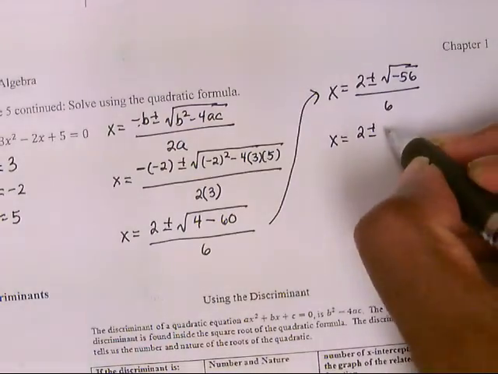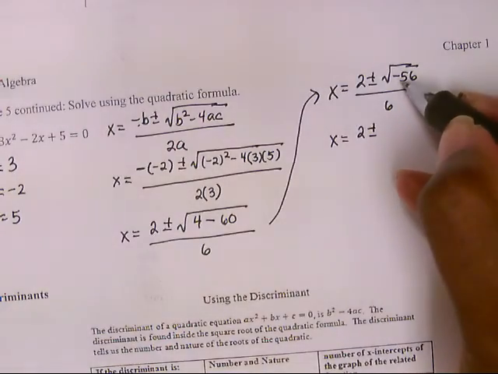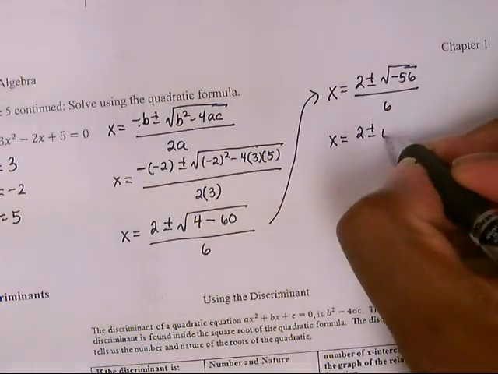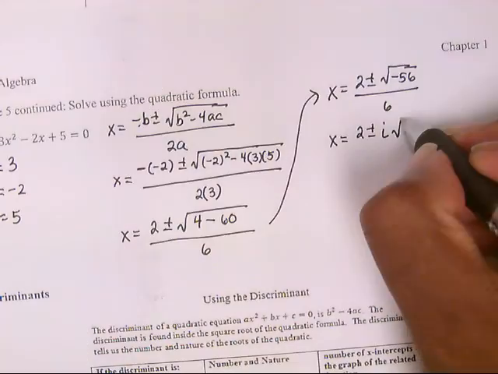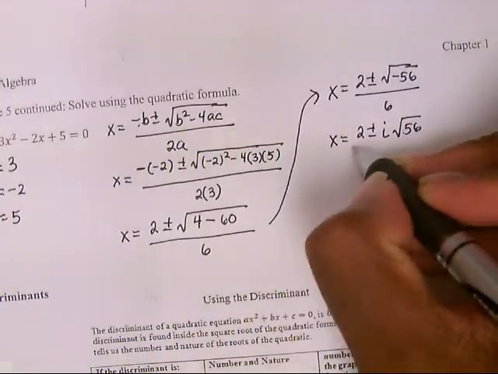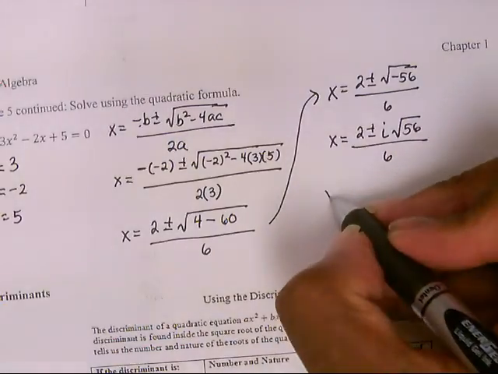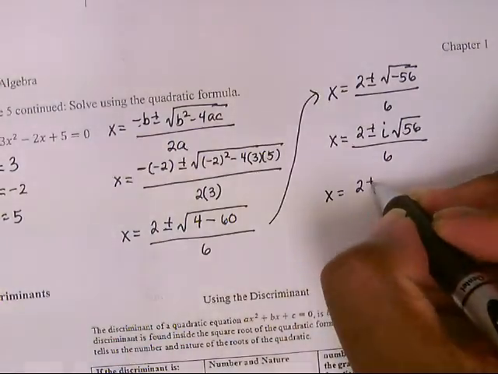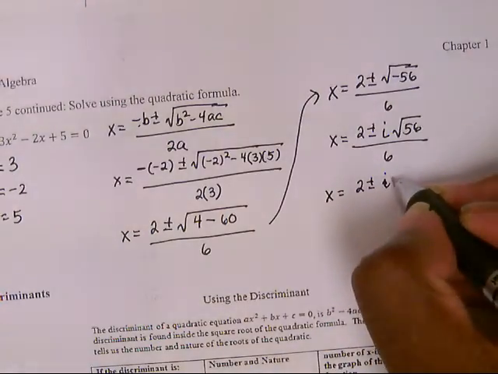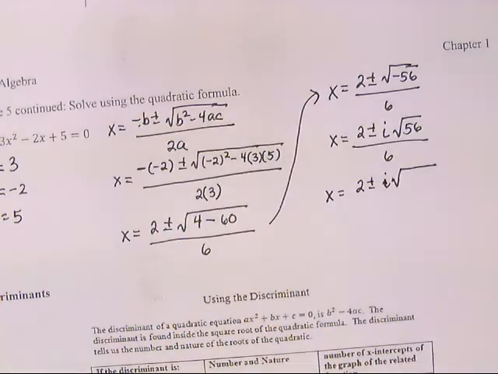And then, since I got a negative sign underneath the radical, I know there's an i involved in it, so I'll pull out the i. Square root of 56 over 6. Now I think there is a perfect square in 56.